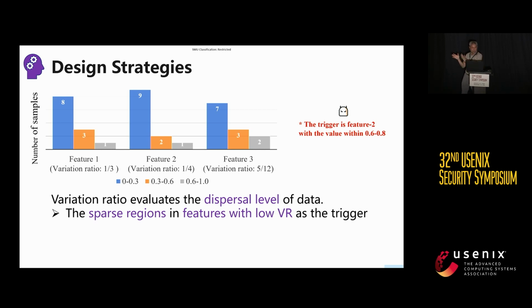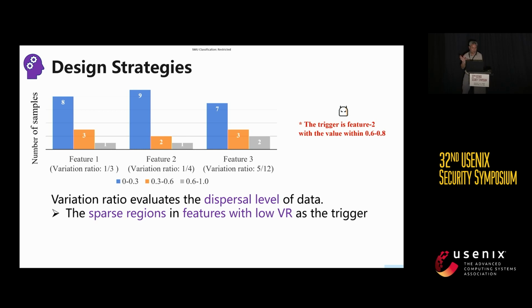In this particular case, you see that we have three features: feature 1, 2, and 3. And we are going to select feature number 2 as our backdoor trigger. The reason is that it has a much higher dispersal level.